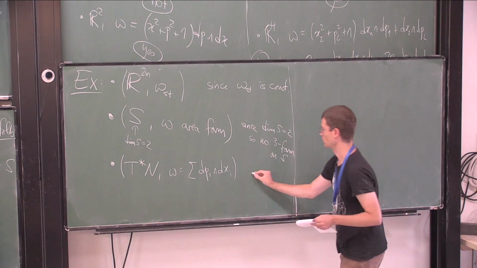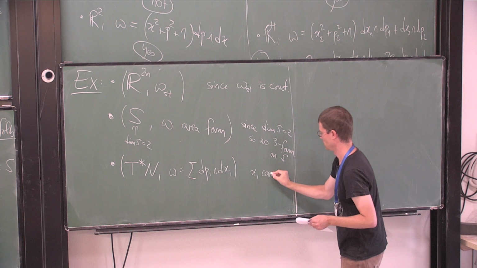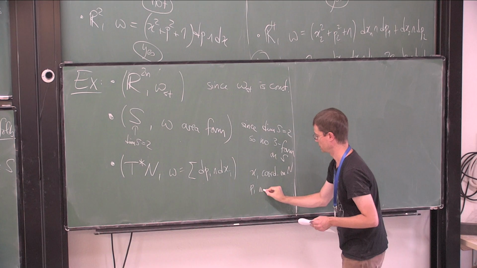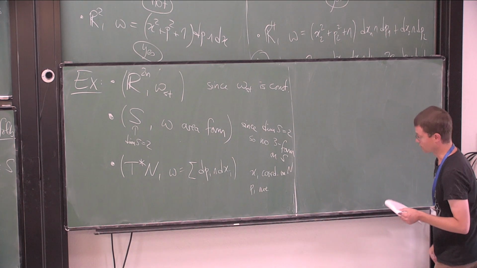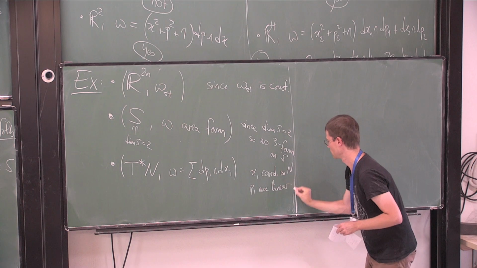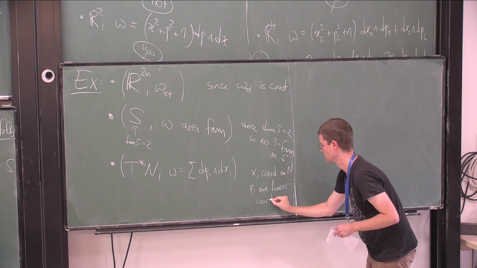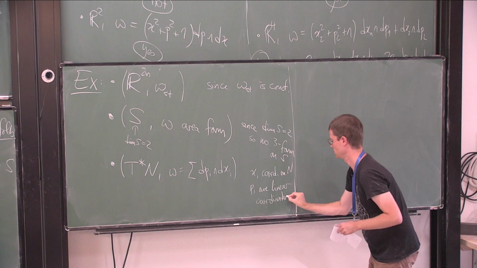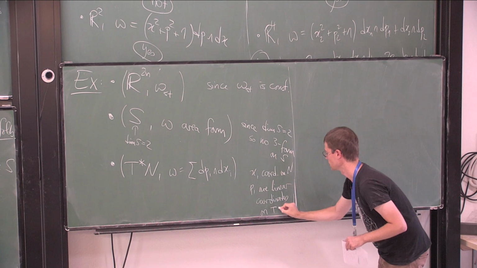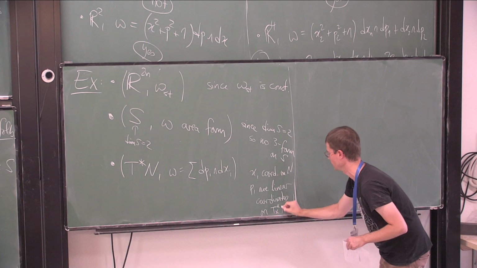So xi are coordinates on n, and pi are somehow linear coordinates on the cotangent fibers T_x star n.